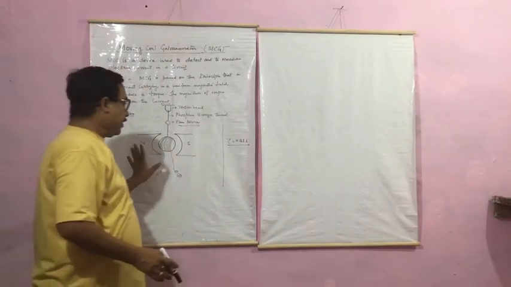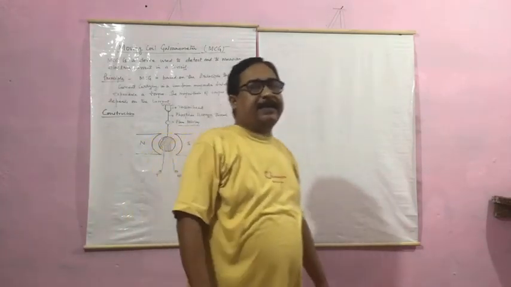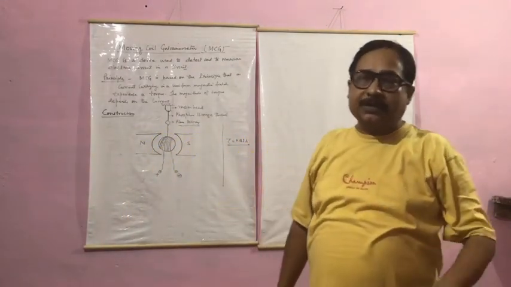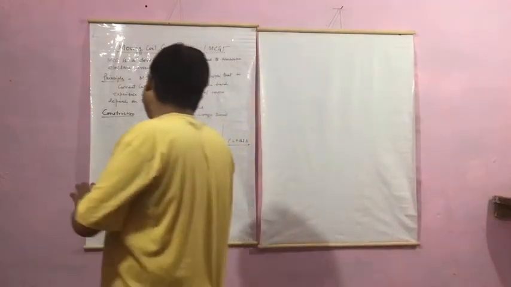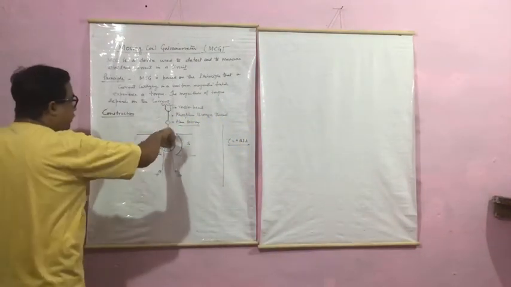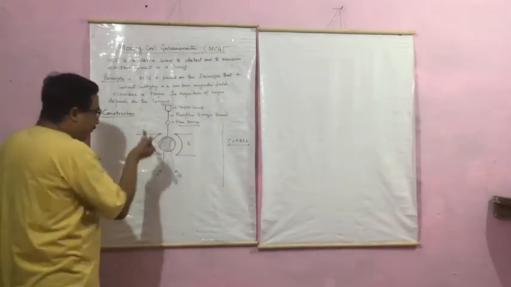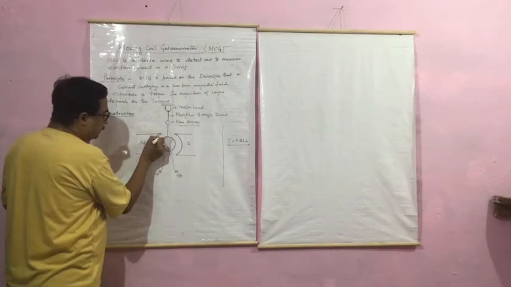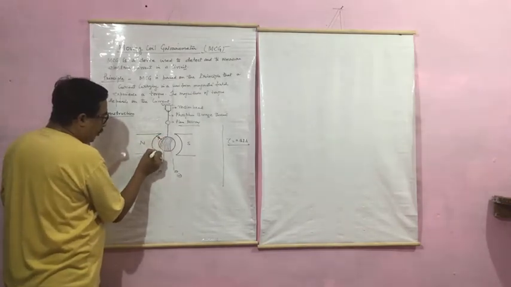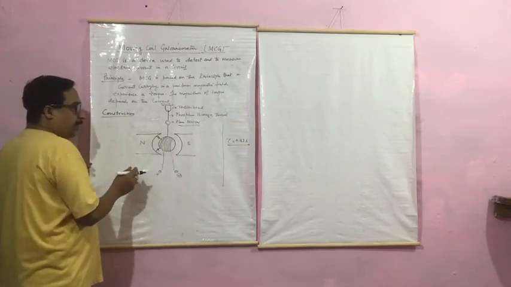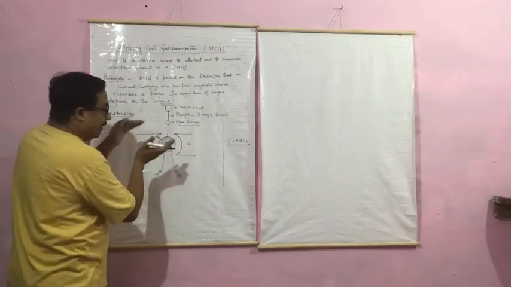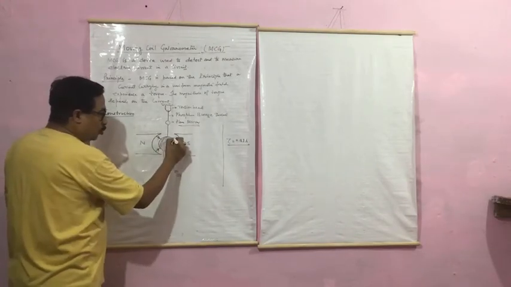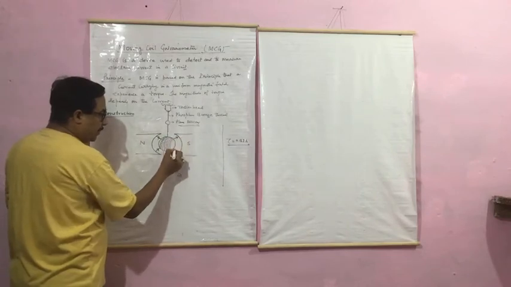So we have pole pieces N and S to produce magnetic field. Now you see why these specially designed pole pieces are taken. So if you draw magnetic field lines, they come from the surface normal to it, perpendicular to it, and as it is hemispherical, they are coming radially and go to the other pole radially.